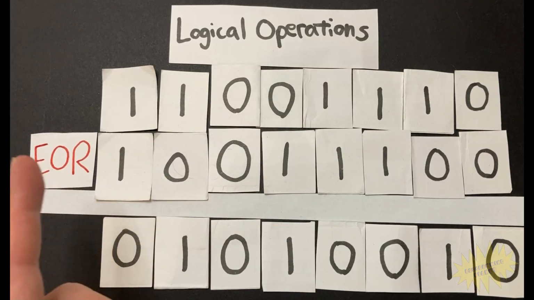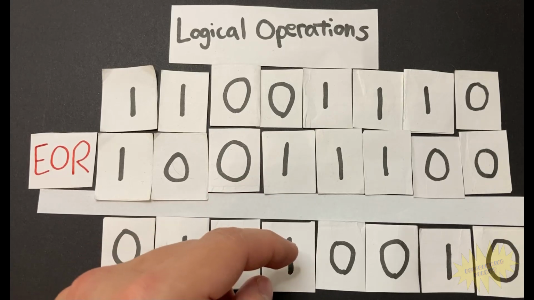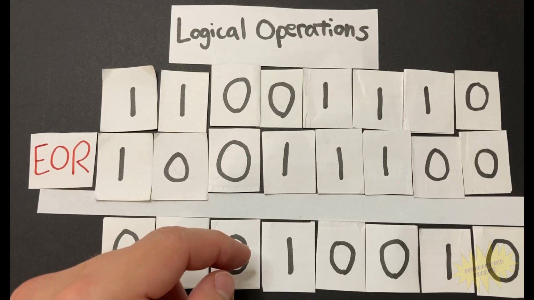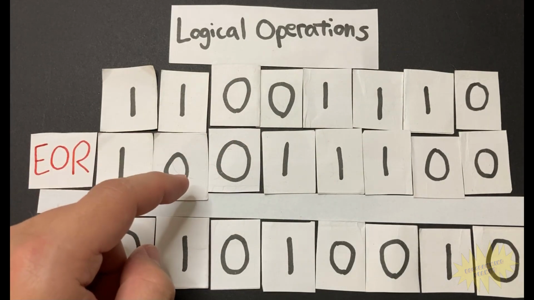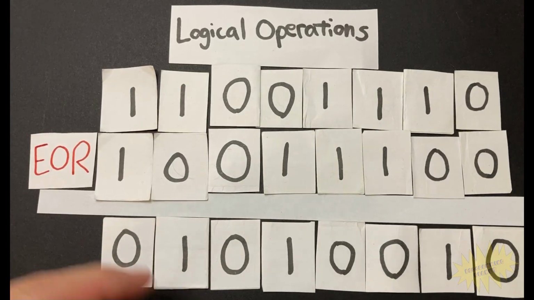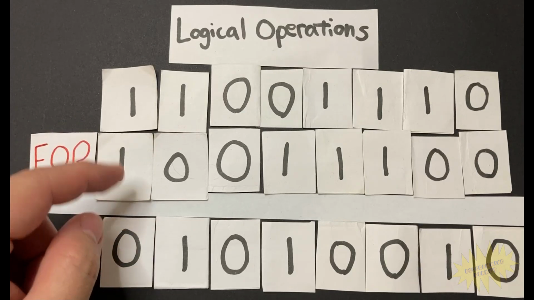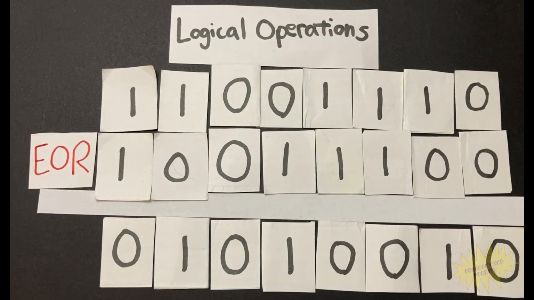Now remember, we're using the exclusive OR operator, so because both of them are 1s, that results in a 0. Here we have 2 zeros, that results in a 0. Here we have a 1 and a 0, so at least one of them is 1, so that results in a 1. And then finally here we have a 0 and a 1, and because at least one of them is a 1, that results in a 1. So hopefully that helps.